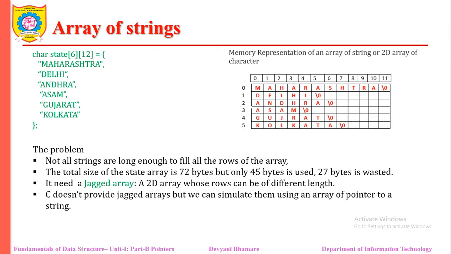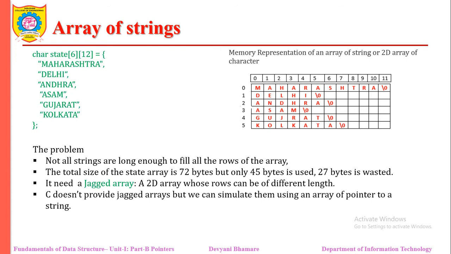Let me start with the array of strings, where we have a two-dimensional array of strings. If I would like to write down a collection of strings, for example, I want to maintain my students' information as per their roll number, then we create an array of integers, as the roll number is an integer.